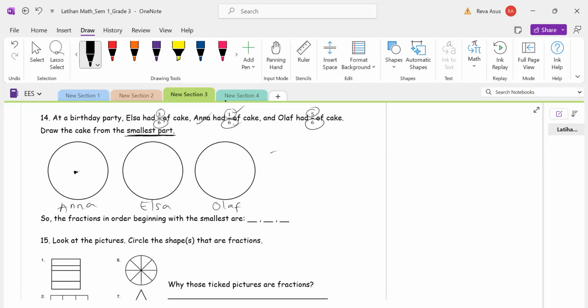Let's divide the circle into 6 equal parts. Let's draw this minus and then let's draw x or times here. 6 equal parts. Elsa also 6 equal parts. Olaf's cake also divided into 6 equal parts.